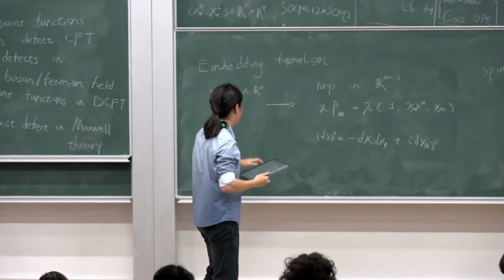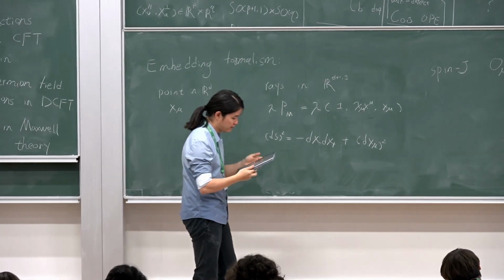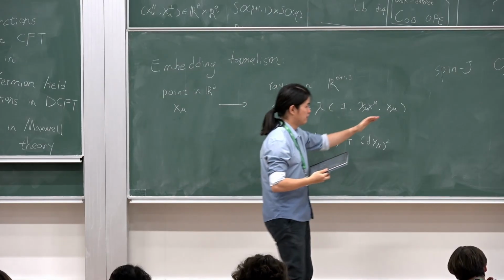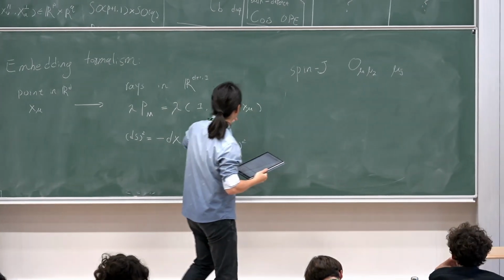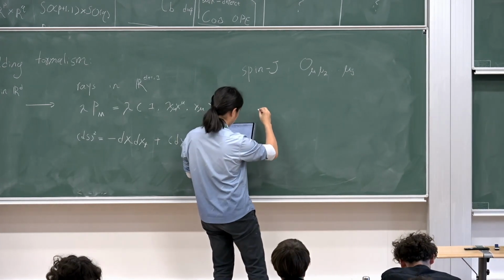Now, you can use this map, which I wrote down here. It is a 1-to-1 correspondence. You can use this map to map these spinning operators to the embedded space, and they have the indices capital M.